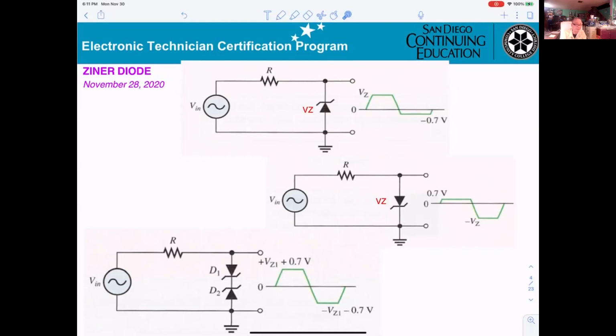So for the positive, D1, let's see, VG1 plus 0.7, so that means D1 will break down and D2 will be on normally. And the same happens when you get the negative cycle.